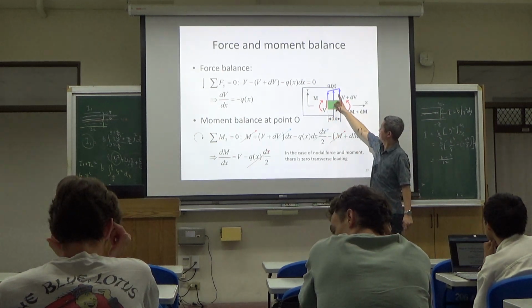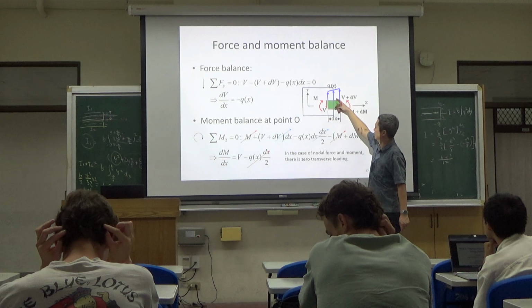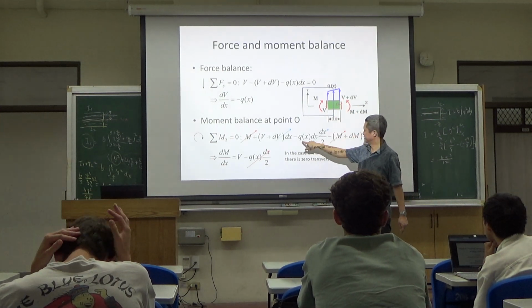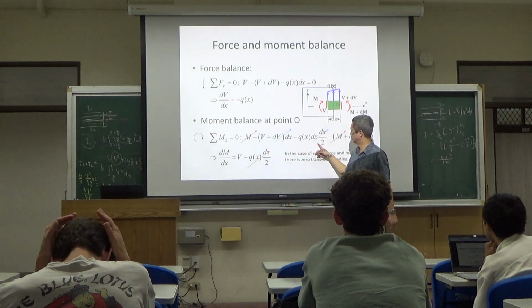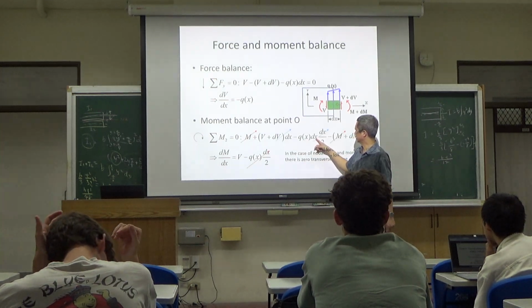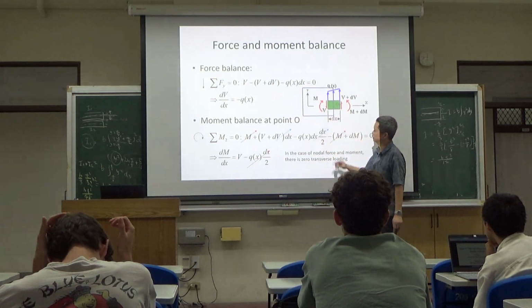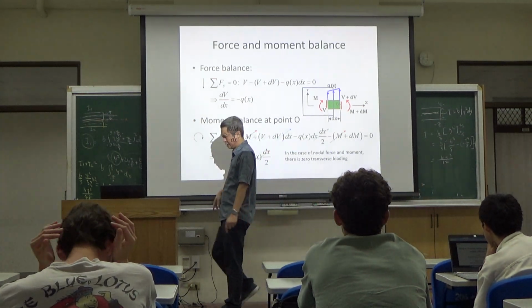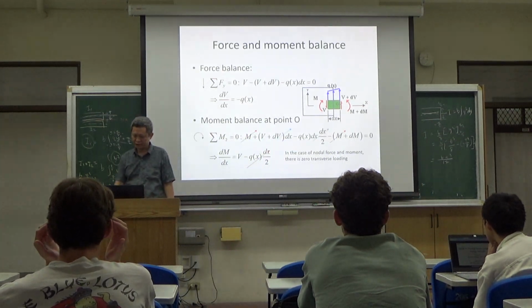And then this vertical force is also contributing to a moment, but it must be the distributed loading, the dx, and the moment arm, which is half the distance. So as a result, we're going to have the expression dM/dx is equal to V. Okay.